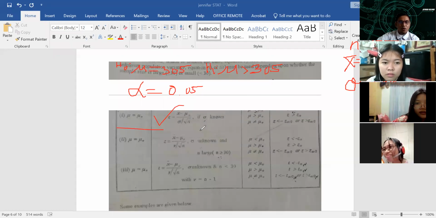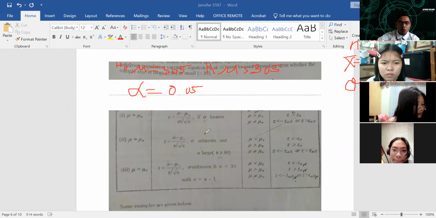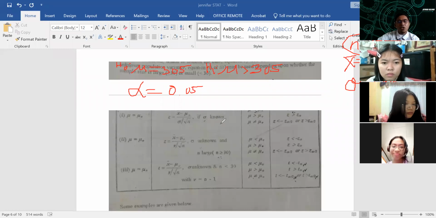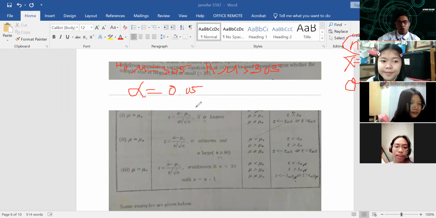You will use case 2 or case 3 only if it is not given. You might think that since n is greater than 30 it is case 2, but the population standard deviation is given, so determine that first. Clear? So you will copy this formula in your step 3.